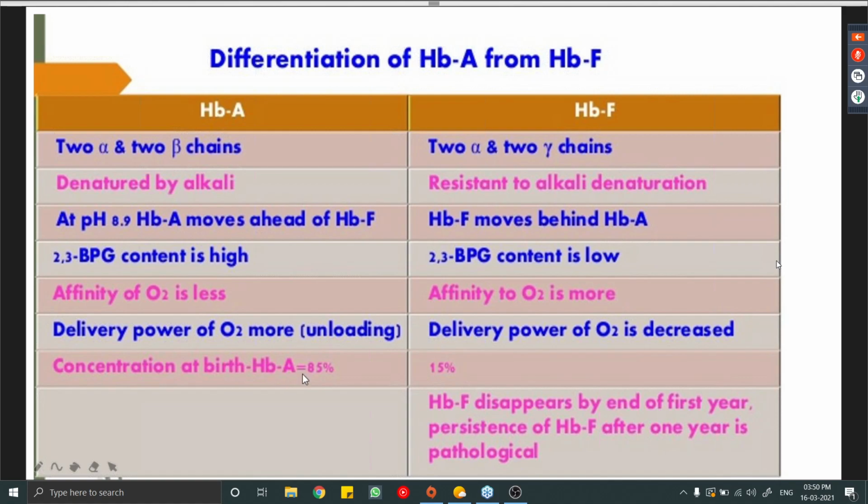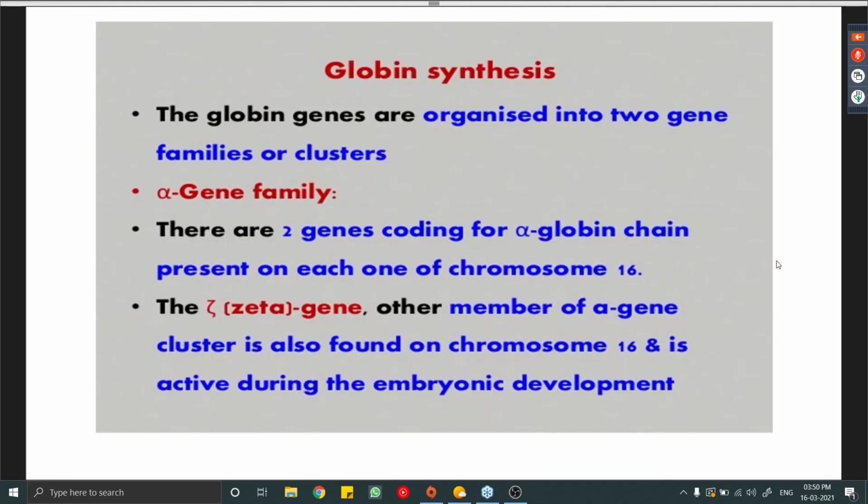At birth, the concentration of HbA is 85%, whereas HbF is 15%, and by the end of the first year, HbF completely disappears. If it is still persisting, some pathological cause should be found out.